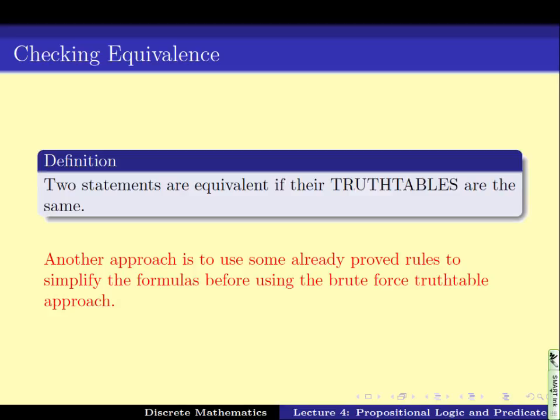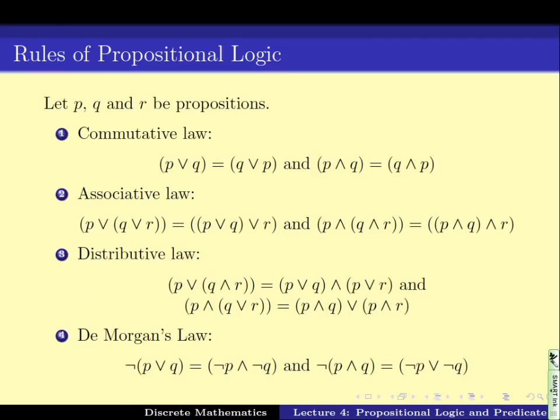So here are some of the useful rules. Again, you can check for yourself that all these rules are correct. That means these rules can be proved from the truth table. To remember these rules, let me give you a small tip.